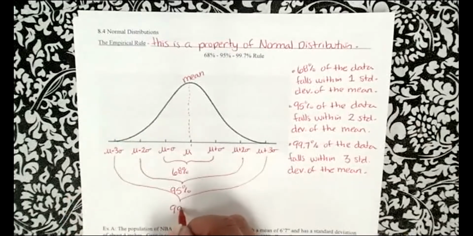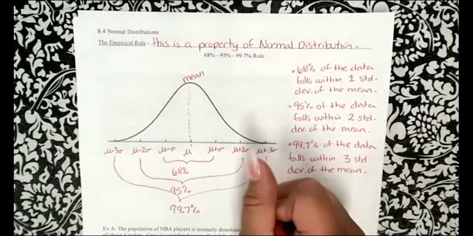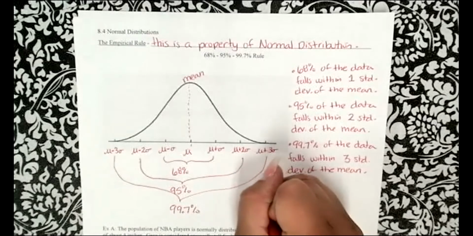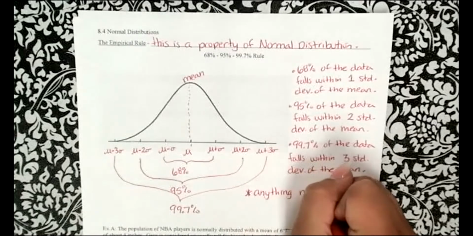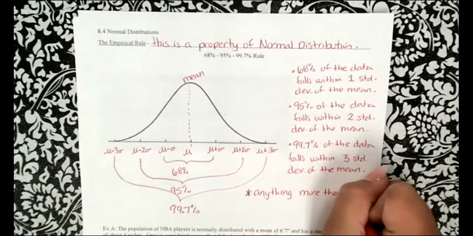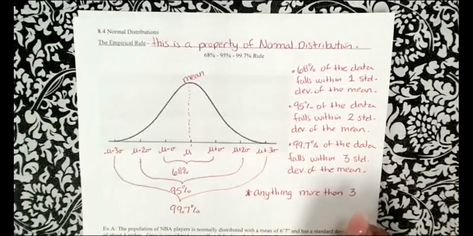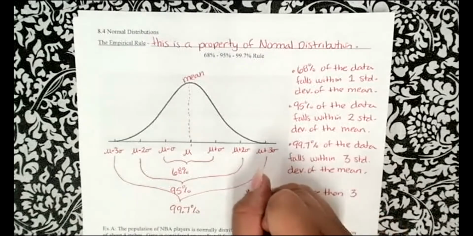So this represents the 99.7%. Now, anything outside, anything more than three standard deviations away is called an outlier.